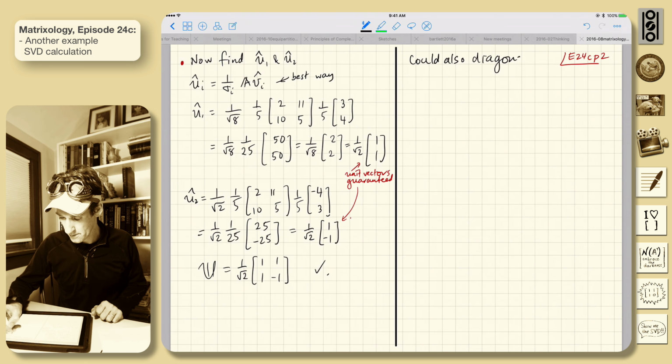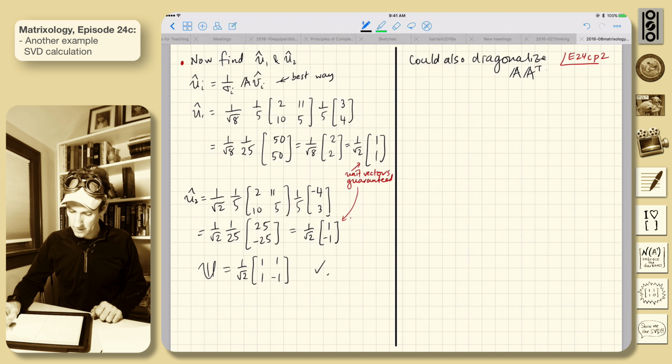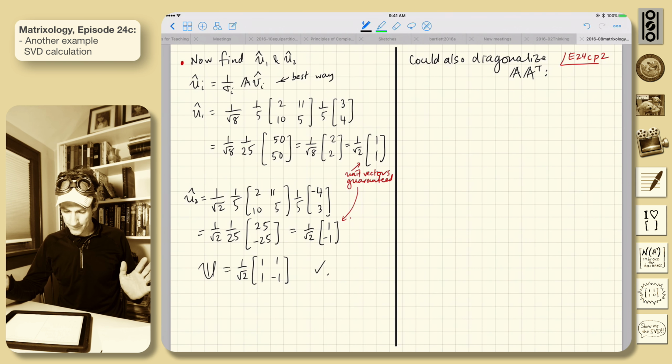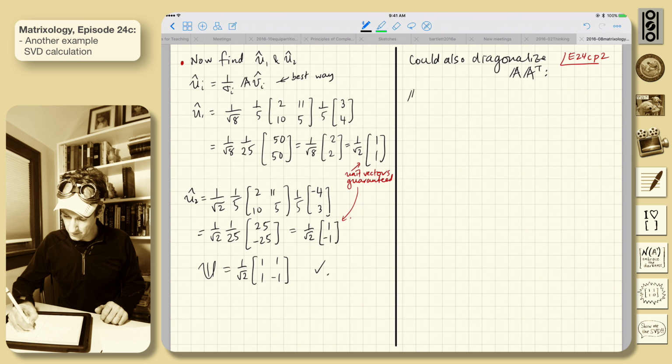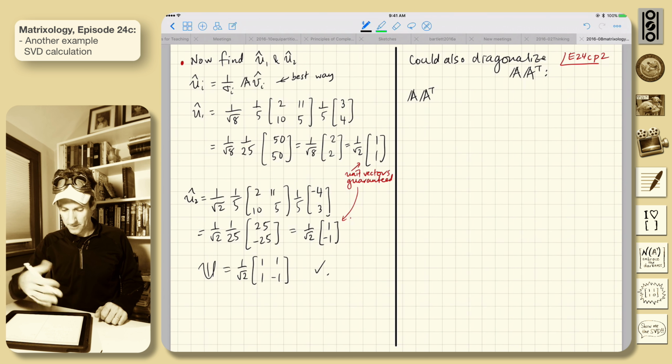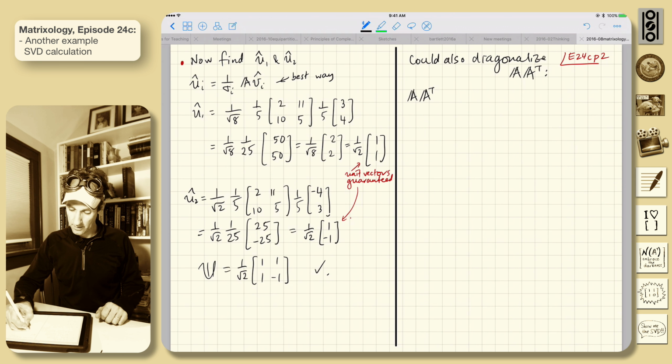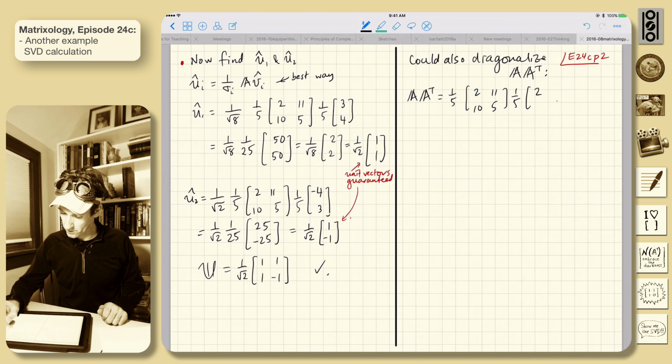Okay? So, just to fill out everything, we could also diagonalize A transpose. So let's do that. We compute this to find the u's. It is a remarkable thing. So A A transpose is 1/5, 2, 11, 10, 5, and then we have to flip it, 2, 10, 11, 5.